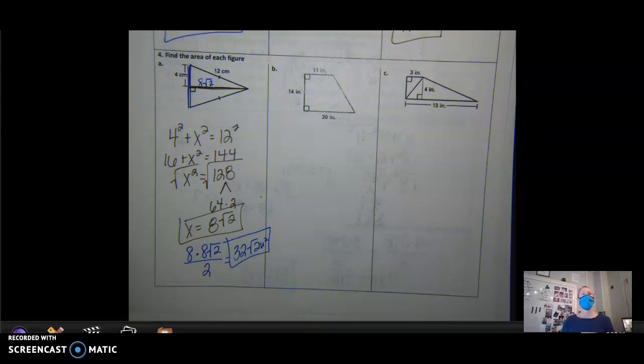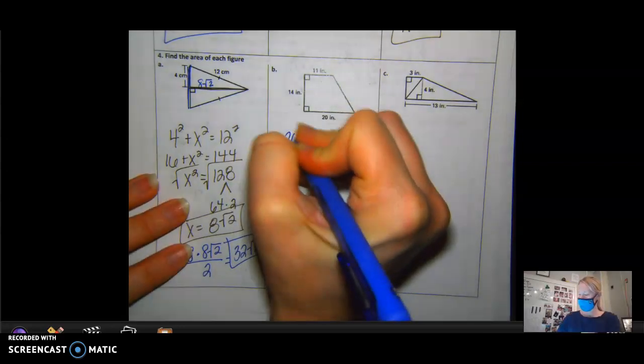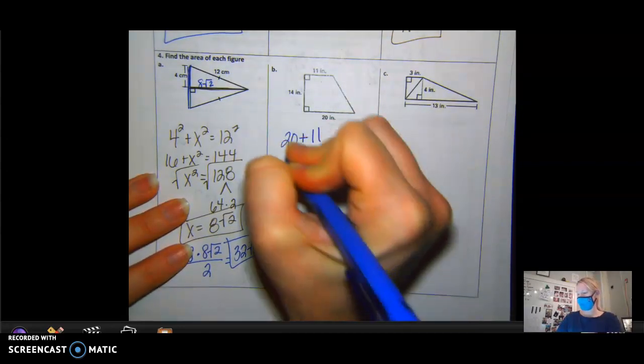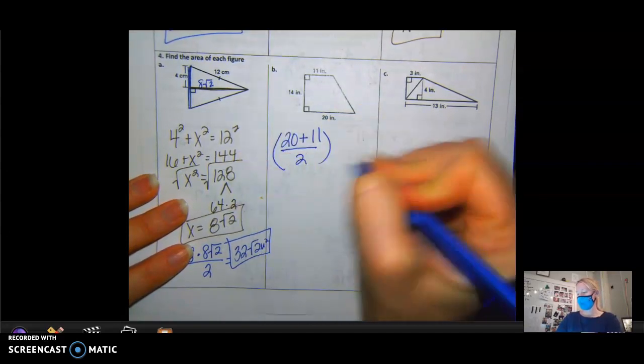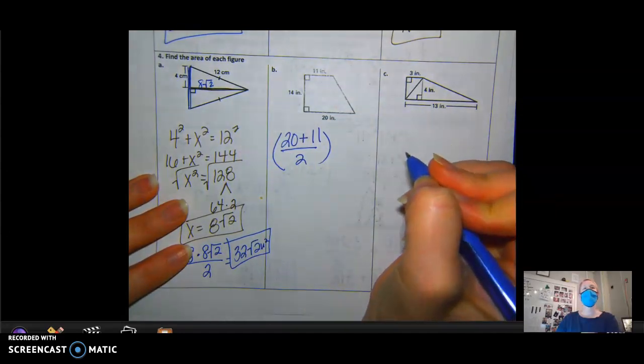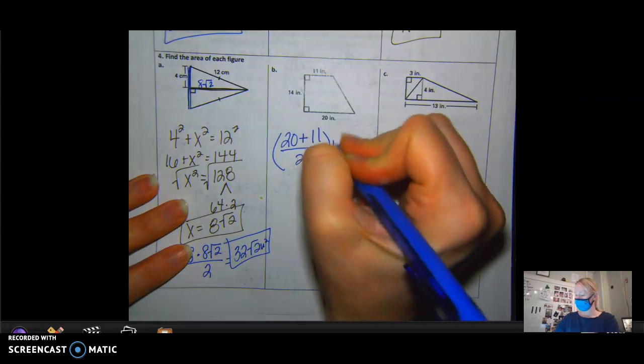Who remembers the formula for area of a trapezoid? I think it's base plus... Yeah, no, you're right. It's base plus... What's my base 2? I divide that by 2, and then I multiply by my height, and my height in this situation is what? 14.